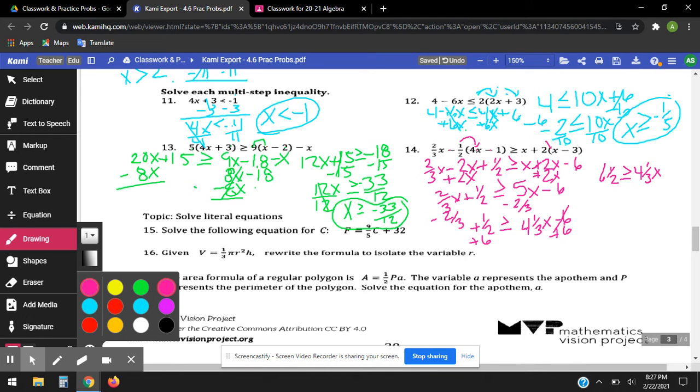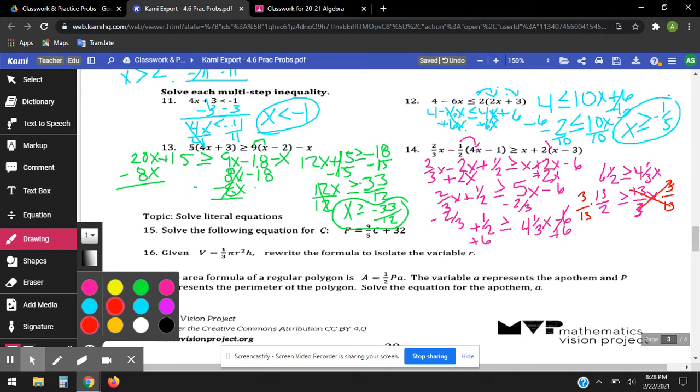So this kind of gets ugly in how you're doing it. Let's put them all in improper fractions. So this is 13 halves greater than or equal to 13 thirds x. Now when I'm multiplying, I want to multiply by the reciprocal, 3 over 13.